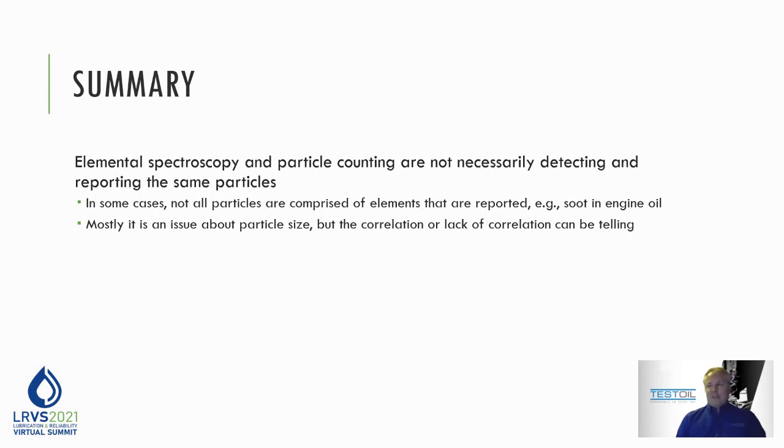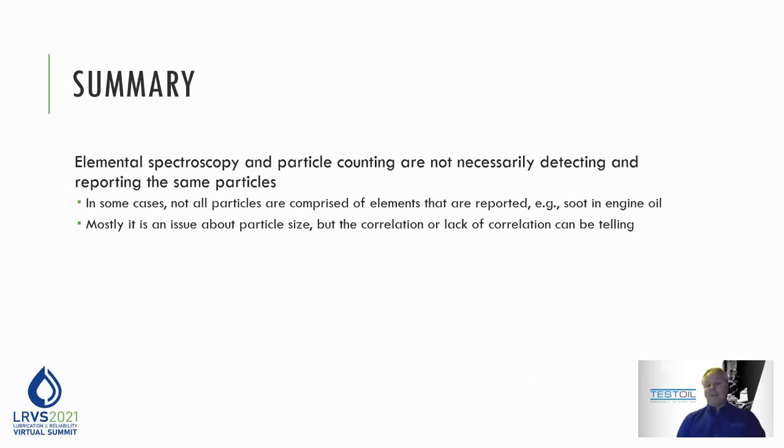The other thing I put down here is to understand that not all particles can be measured by both technologies. One example is soot. Soot is a very common form of particulate that you'll find in engine samples, but soot is comprised of carbon. We don't measure carbon by elemental spectroscopy because the oil is made of carbon, so that wouldn't be very useful information.